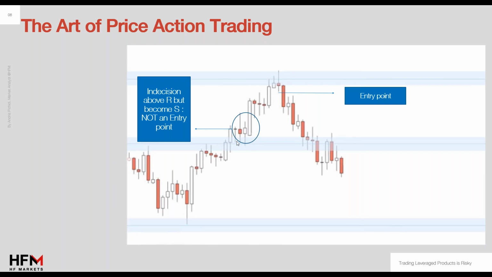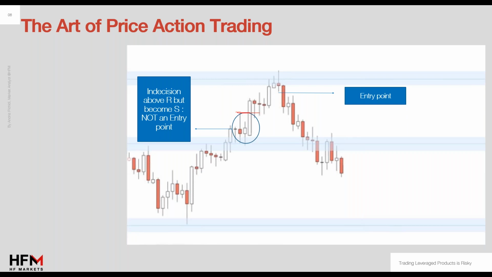But when is a good time to enter? A good time to enter is either on the breakout of this latest high. Here, I didn't put the sign on, but I will put it on. That could be on the breakout.